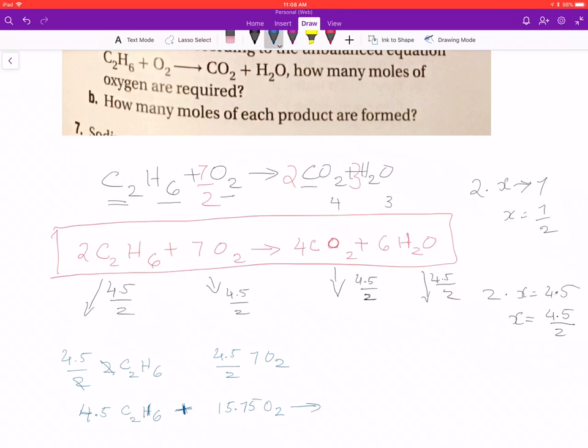Now can you do 4.5 by, sorry, times 4 CO2. Okay, 4.5 times 4 divided by 2. 9. Okay, so you got 9 CO2 plus now 4.5 times 6 divided by 2.